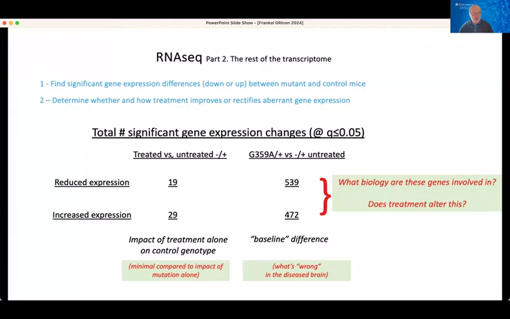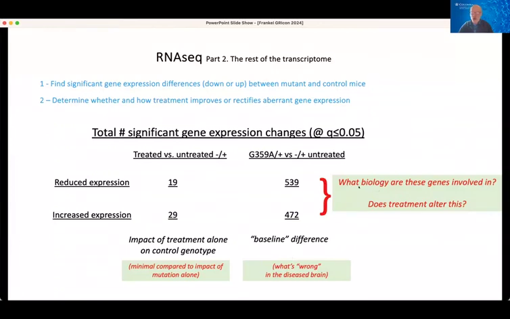We looked at treated and untreated control mice, and the number of significant gene expression changes here is really quite small, about 20 to 30, either lower or higher, when you compare that to the effect of the genotype, where you see about 500 significant expression changes going one way and the other in these untreated control mice. So this says to us that the treatment itself, at least at 2 weeks, isn't really impacting the transcriptome that significantly compared to what's wrong in the brain.